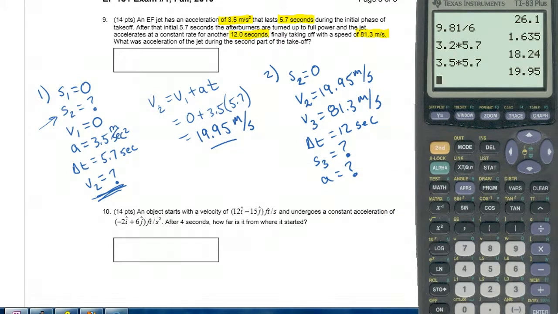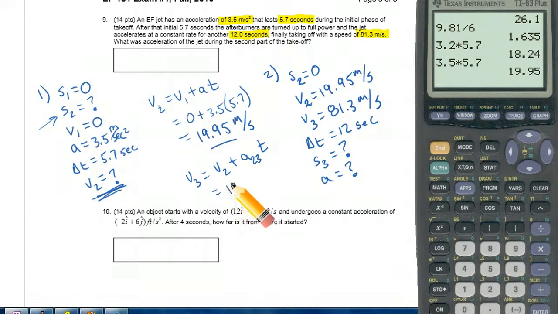Okay, so again, you have to have 4 known values, so we know those 4 values. Look for an equation that has A in it. And it's actually the same equation. V3 equals V2 plus A, we'll call it A23, so we're going from 2 to 3, times time from 2 to 3.